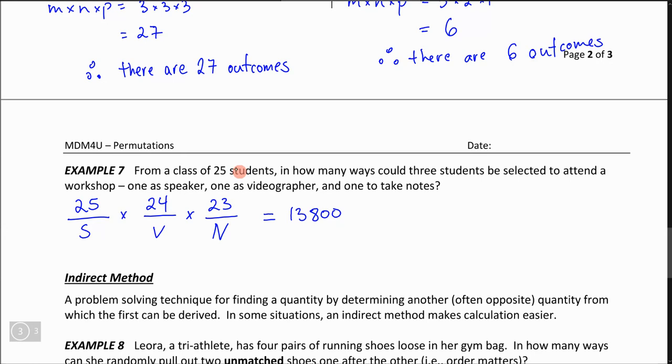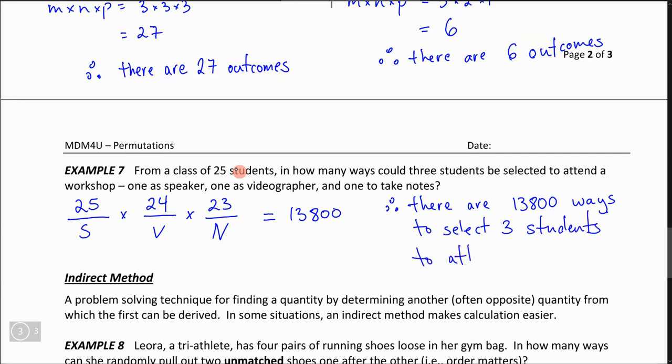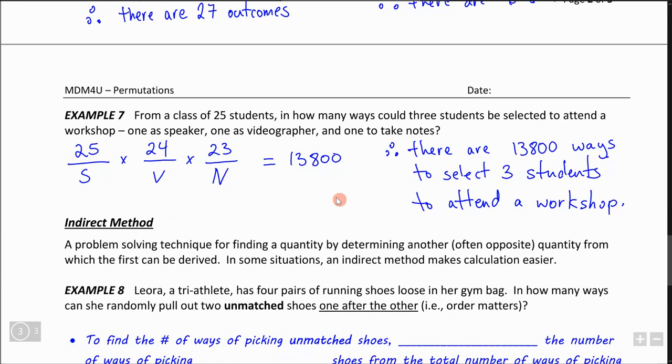So there are 13,800 ways to select 3 students to attend a workshop. Now you can imagine that drawing a tree diagram and listing all the possible choices to pick 3 students from a class of 25 would be very tedious, which is why we use things like the multiplicative counting principle to help us simplify our counting.